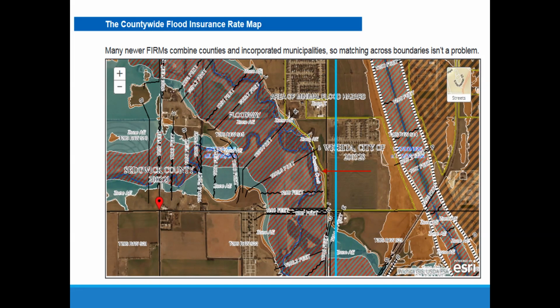And then if you look to the right side of this map, there's orange and black crosshatching. So that is an area that is protected from the base flood by a certified levee. And so we will talk more about levees and their certification a little bit later on. And you don't see it on this one, but AO zones are also here, and I think they're like a lighter green color than this.